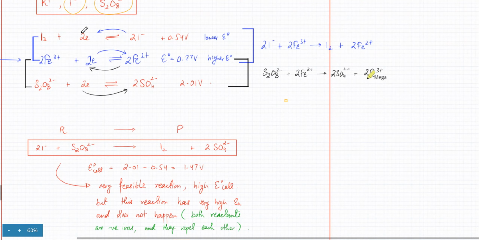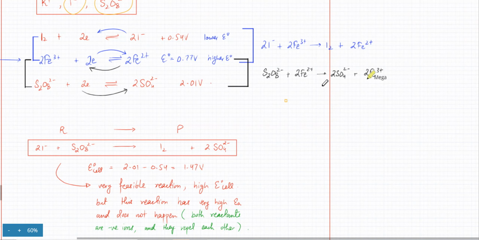In the first one, if the iodine reacted with this one, iodine was the lower potential, so it would lose electrons, and iron ion catalysts would be the ones that would gain electrons, and you would get this reaction. And if the S2O8 equation reacted with the iron ion catalyst, then the iron ion catalyst was relatively the lower potential, so it would lose electrons, and the S2O8 equation would be the one that would gain electrons because it's the higher potential. And you got this reaction.